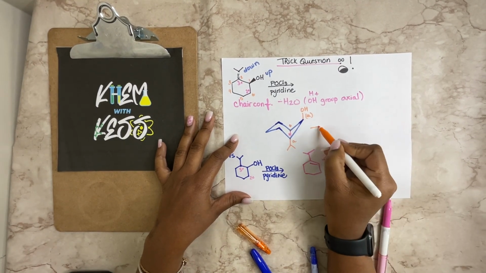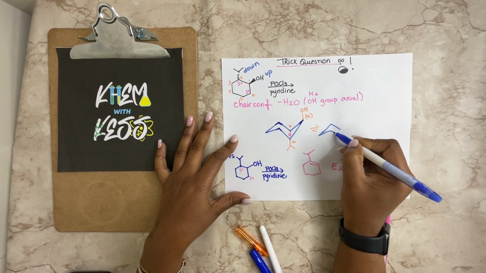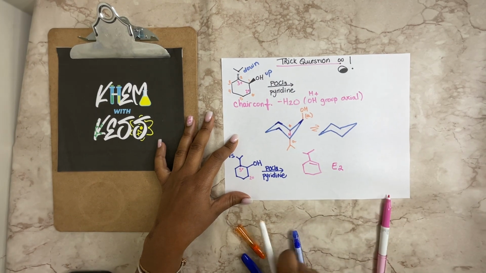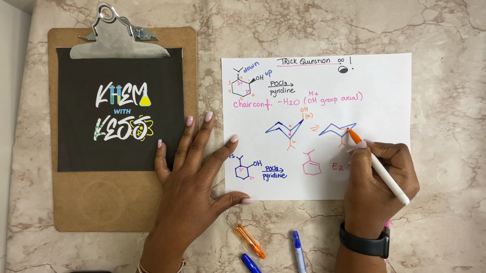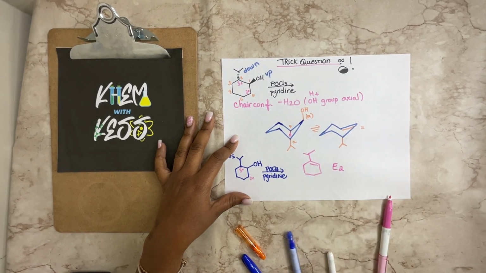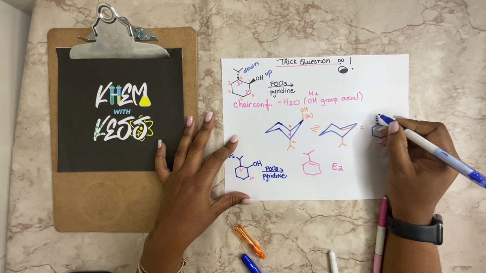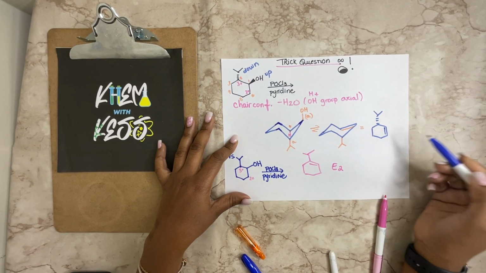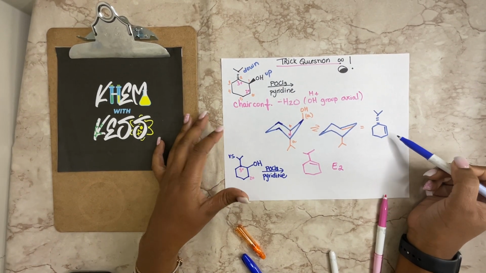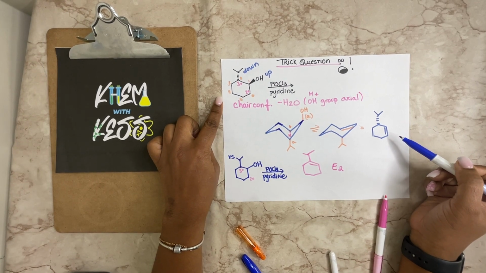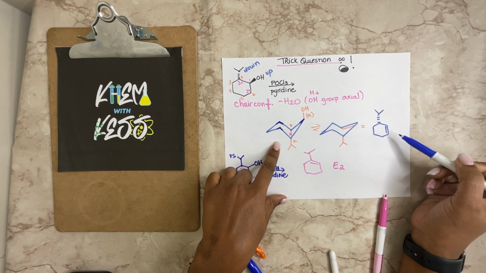So when I would have to do the elimination for this problem, I would expect my double bond not to go towards the side that has the isopropyl, but away from it, which is also equal to me not touching my isopropyl group and placing my double bond to the less hindered side. So you see, in this particular case, because of the stereochemistry of the cyclic ring here, we had to think of the chair conformation.